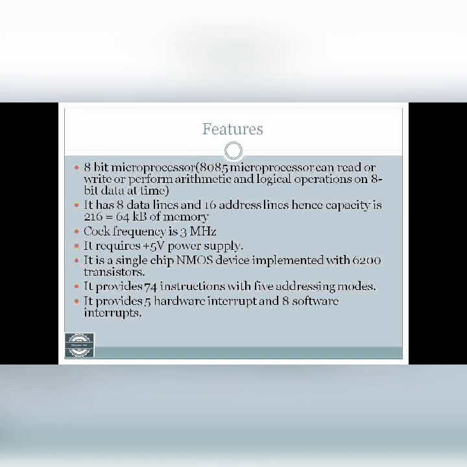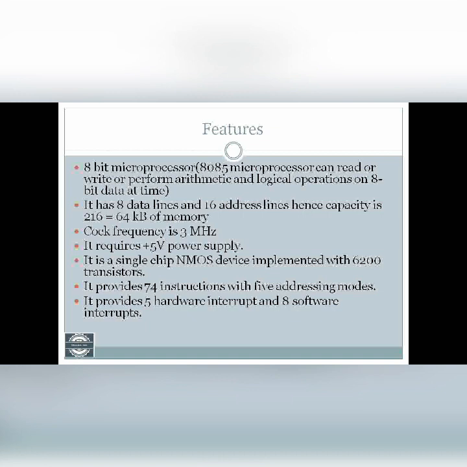The features are showing on your screen also. Already I discussed, this is an 8-bit microprocessor with 8 data lines and 16 address lines, so the memory size is 64 kilobytes. Now the clock frequency is 3 megahertz. And obviously for any type of IC we need a power supply, that is positive 5 volts.